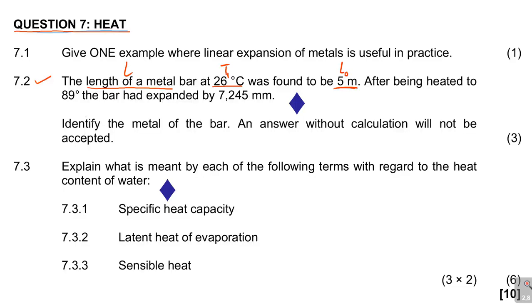After being heated to 89 degrees, this is my T2, the bar expanded by 7,245 millimeters. So this is my change in length. So where am I getting to? The question is to identify the metal bar. It says we need to identify what type of metal it is.